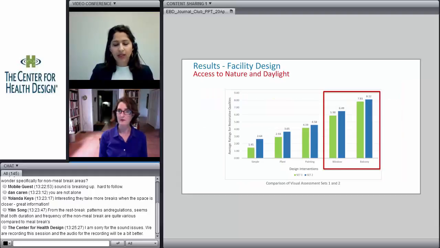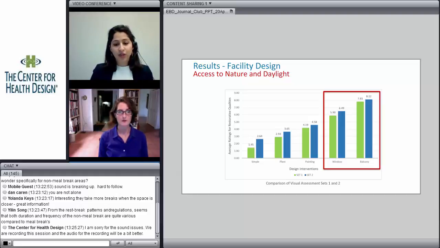And this is the result. First of all, the restorative qualities for the room without any added environmental feature was rated as the lowest, and the room with balcony was rated as the highest in terms of restorative qualities.